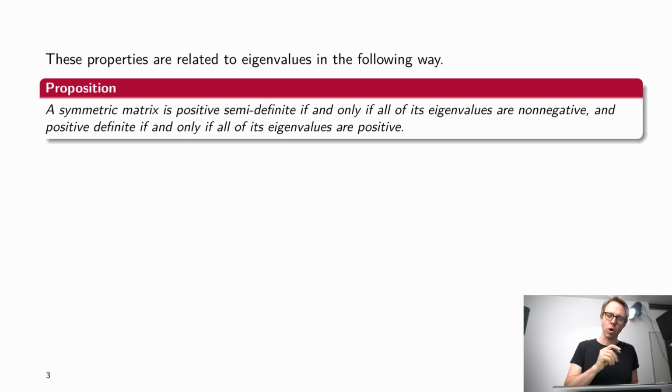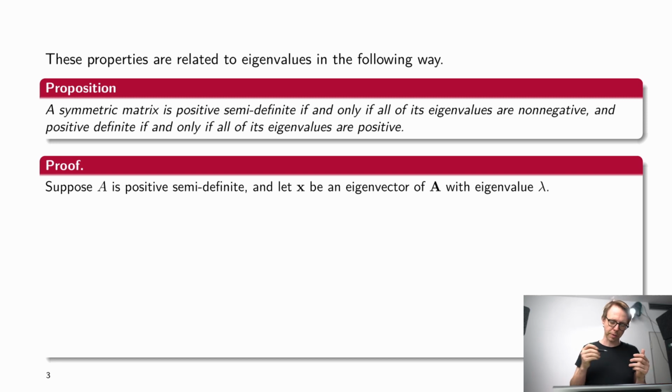And we call a matrix positive definite, again, if and only if all of its eigenvalues are positive, so larger than 0.